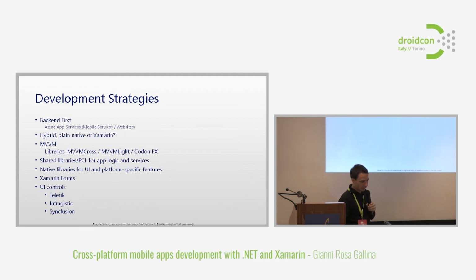Then we have to choose between hybrid, plain native, or Xamarin. It depends on your team, it depends on the application, it depends on the cost you want to support for the coming months after you deliver the application.